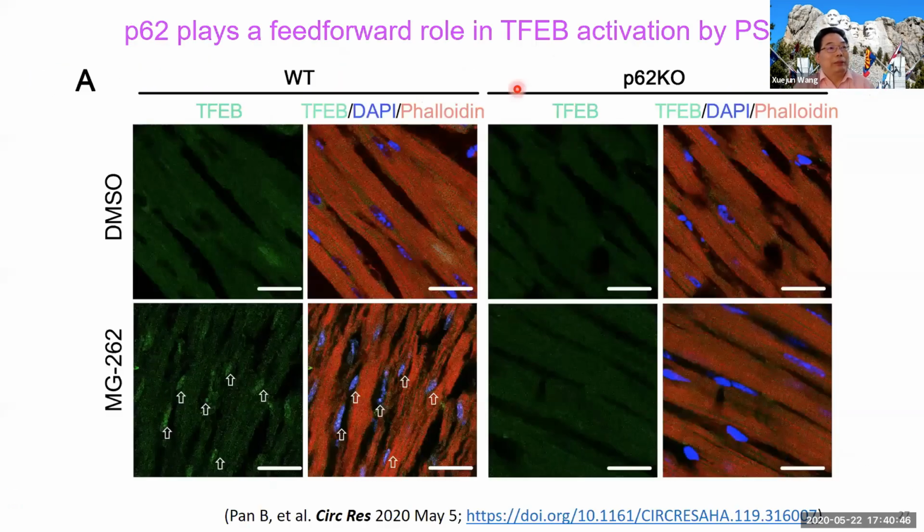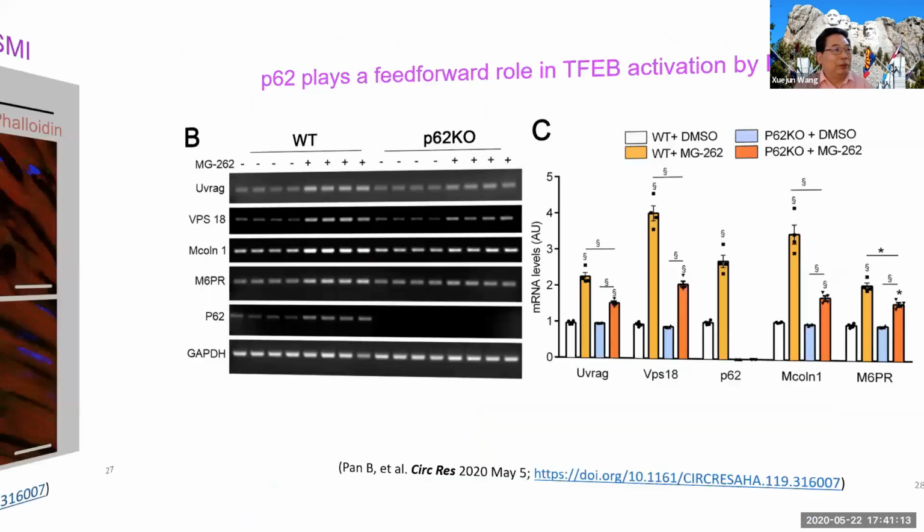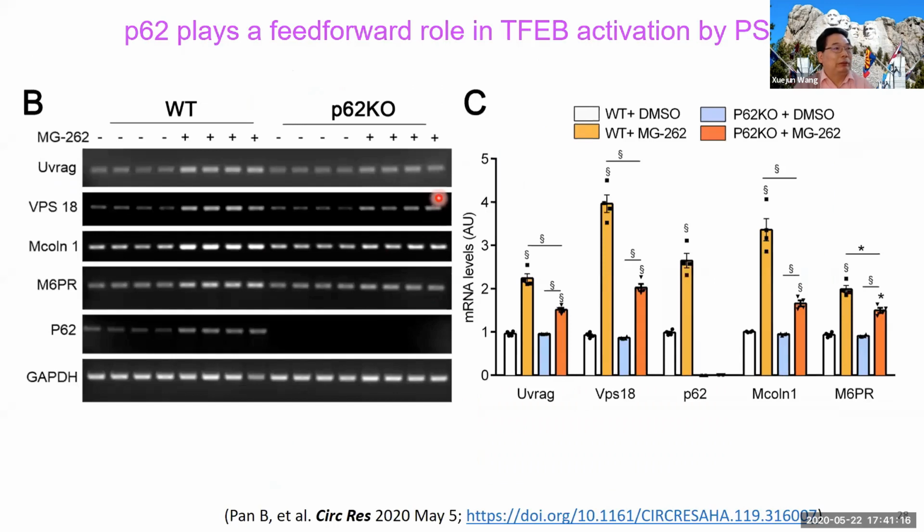So back to the P62 knockout mouse and the wild-type mouse, we looked preliminarily into the activation of TFEB. And it turned out that in wild-type, with proteasome inhibition with MG262 in vivo, you can see the nuclear translocation of TFEB, and that disappeared in the knockout heart. Also the target gene expression induced by proteasome inhibition was attenuated in P62 knockout heart.